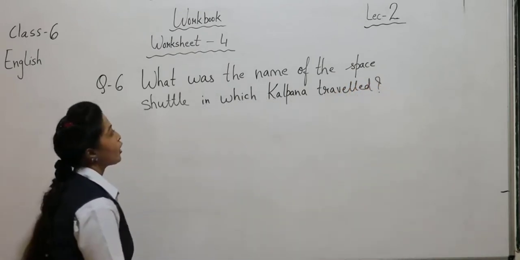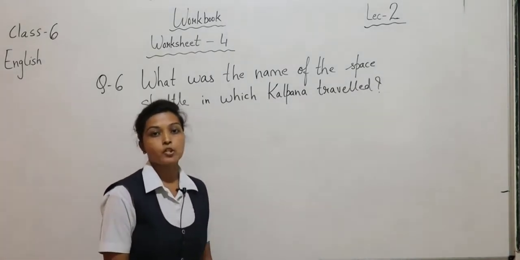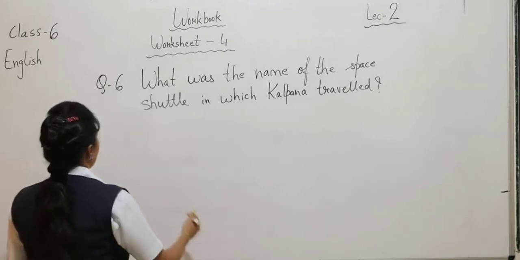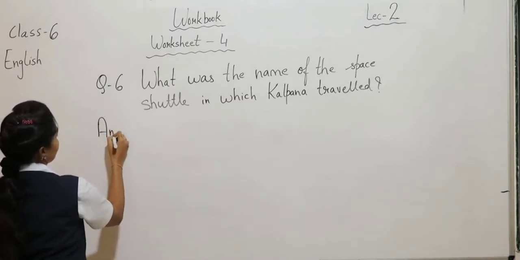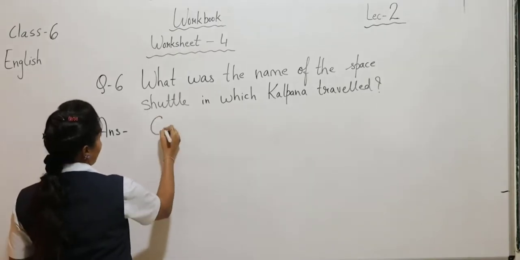So we have to write down the name of the space shuttle in which Kalpana Chawla travelled. Answer: Columbia.